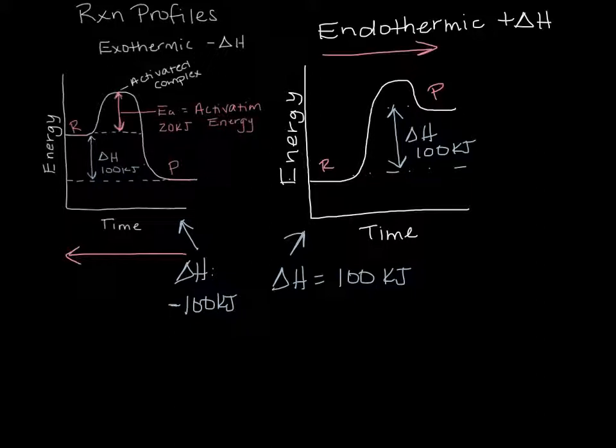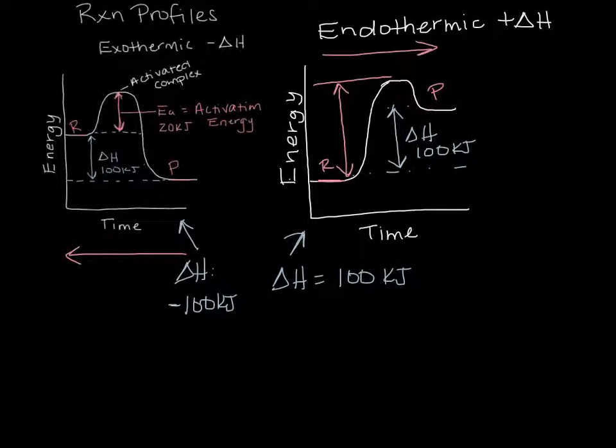Now, my activation energy is still the energy required to go from my reactants to my activated complex. So my activation energy for my reverse reaction, or for my endothermic reaction, is going to be this part right here.